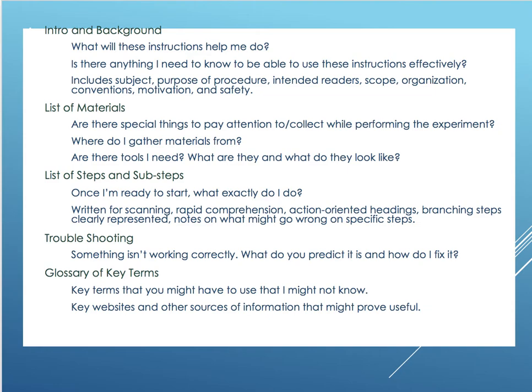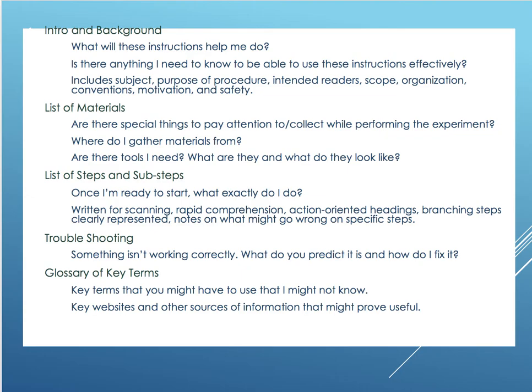All right, so let's look at a quick breakdown of what these are going to include. An introduction, or what they need to do. Intro and background, so you need to answer the questions: What will these instruction sets help me do? Is there anything I need to know to be able to use these instructions effectively?